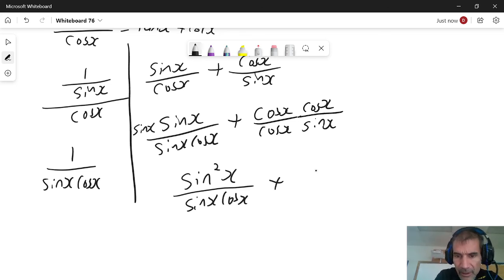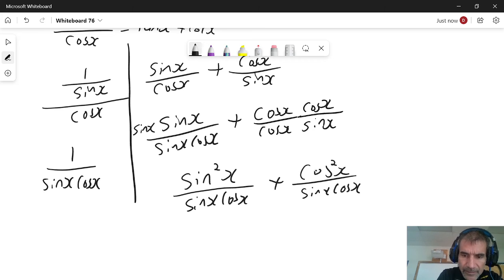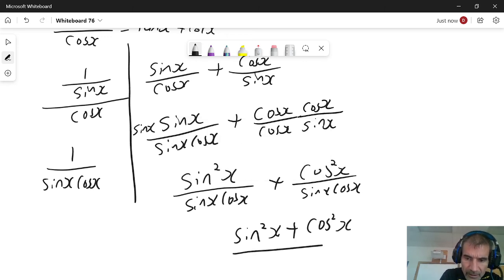And over here I've got the cosine of x squared over sine x cos x. So I have the sine of x squared plus the cosine of x squared all over the sine of x times the cosine of x.